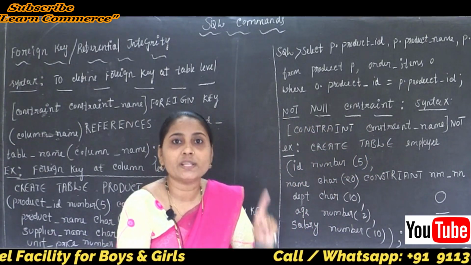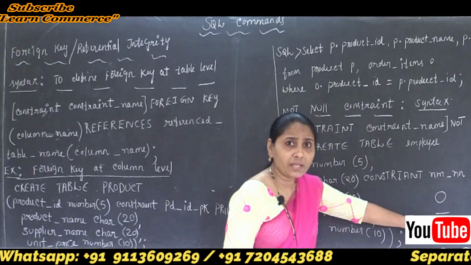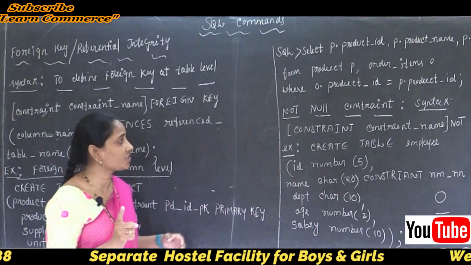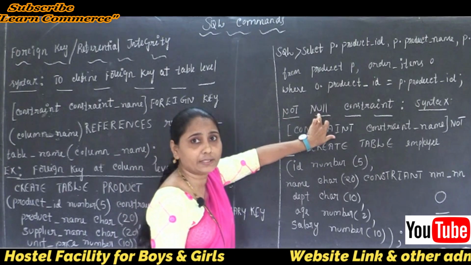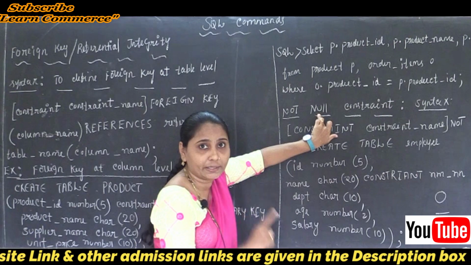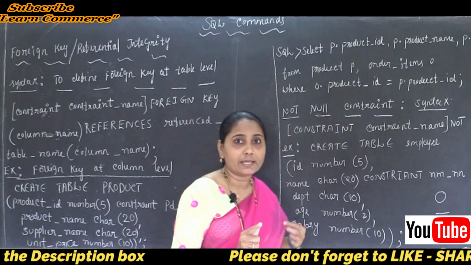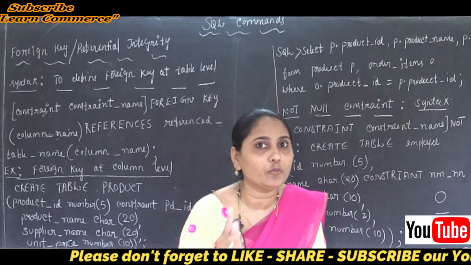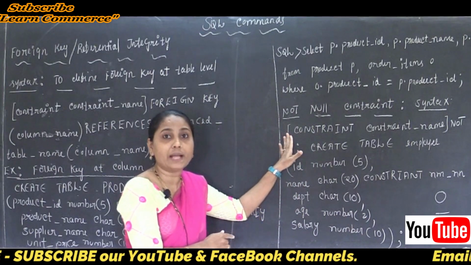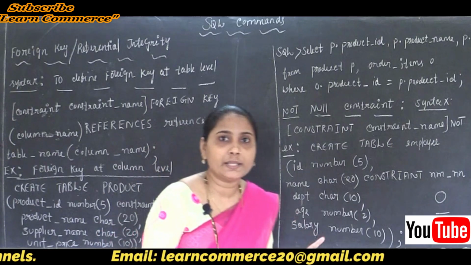Because the null value is different from 0 and from a field that contains spaces. So the most important constraint, the constraint name is the not null. Clear this point? That means we need to enter some value into each column of a cell here. So it contains a definite value for the column, which is specified as not null, which means a null value is not allowed in this constraint.